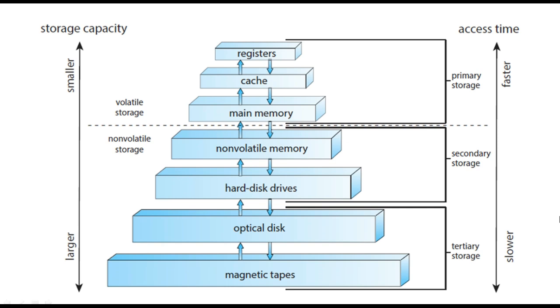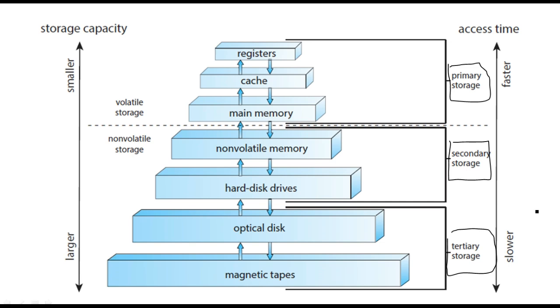Now if you see here, we have divided the entire storage structure into primary storage, secondary storage and tertiary storage. So three divisions take place here. Whenever any program is executed in the computer, it should be in the main memory for the execution purpose.